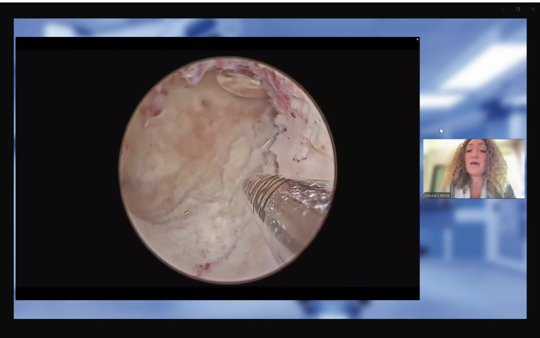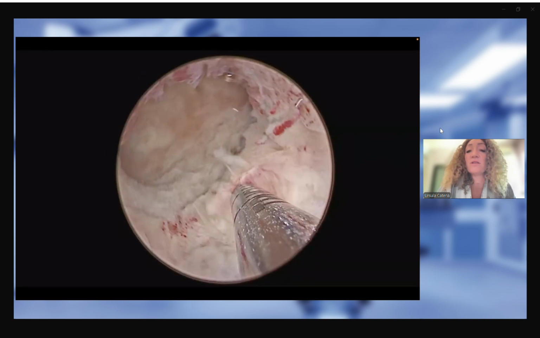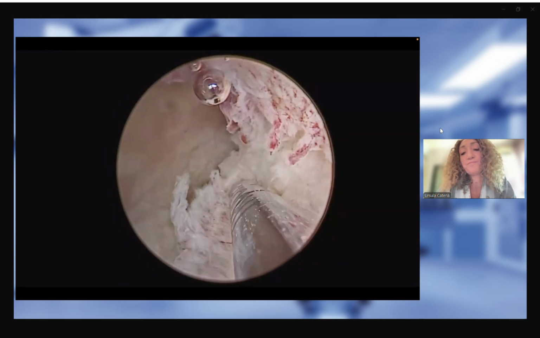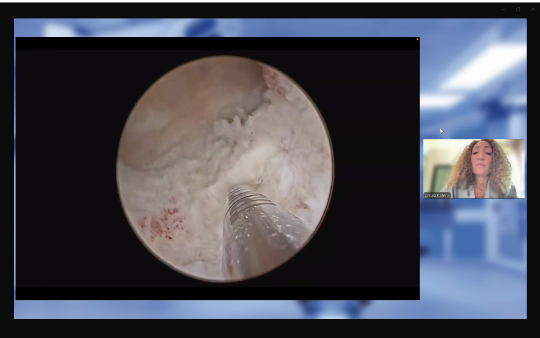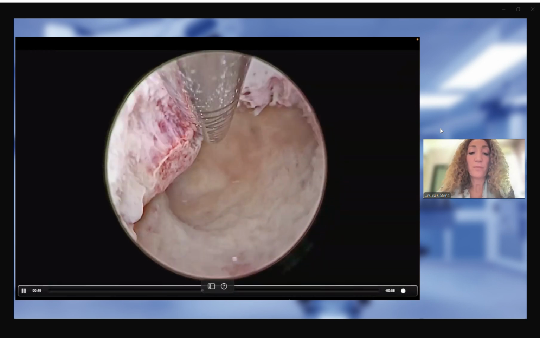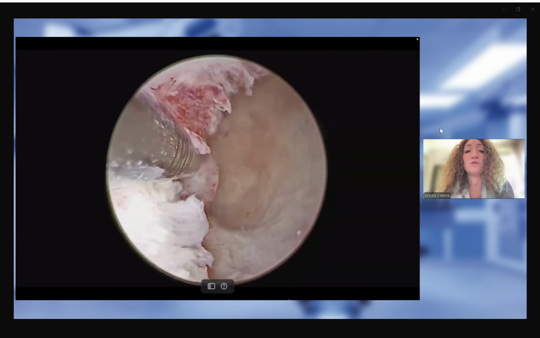So you see that you can completely remove the polypoid thickened endometrium, and you can do the job on all the walls of the uterine cavity.